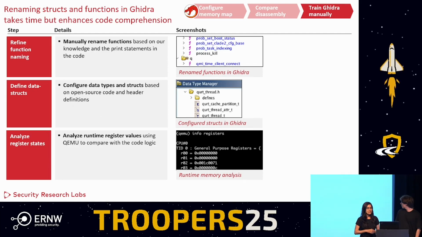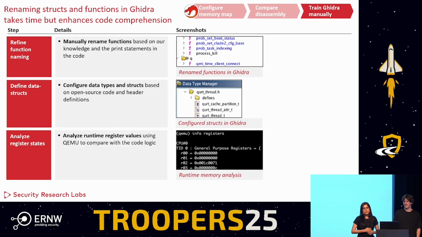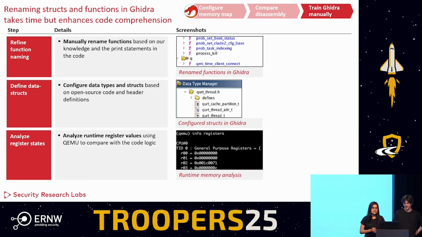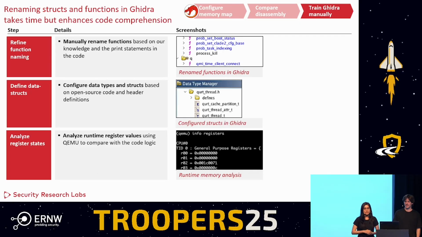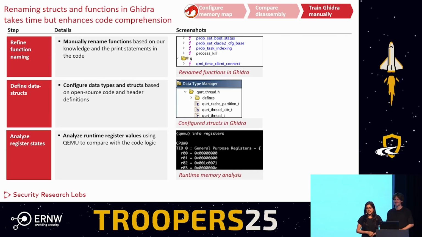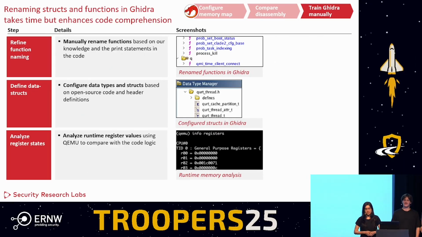So we went through the code, trying to read it, see if there are any print statements, or if we can just understand what the code is doing, and then rename the functions based on our knowledge. As you can see, a lot of our function names are like probably boot status related or probably task indexing related, but for some of the functions, we were also able to see from the print that, okay, this is what this function is doing.